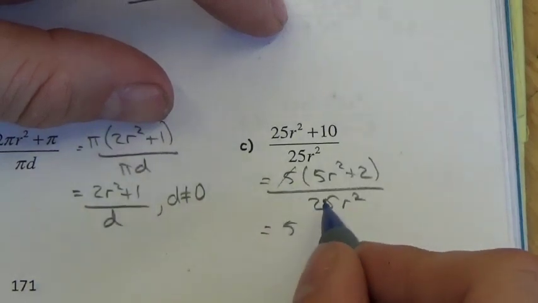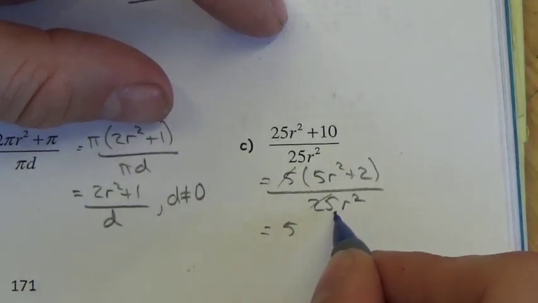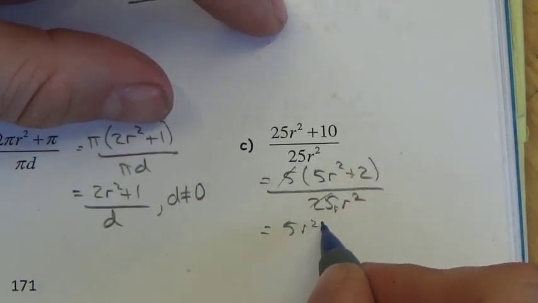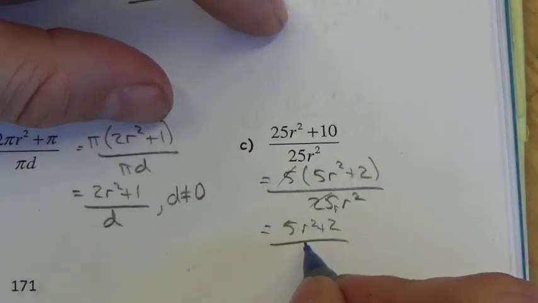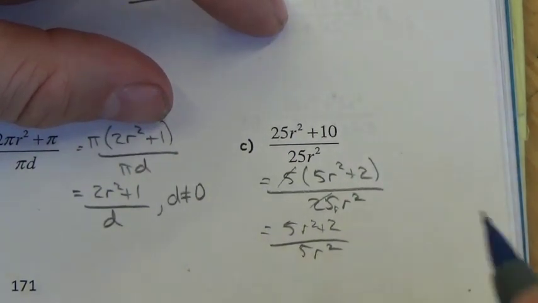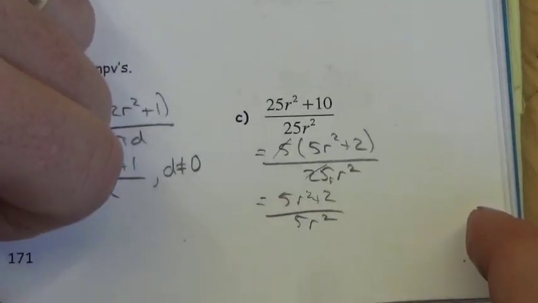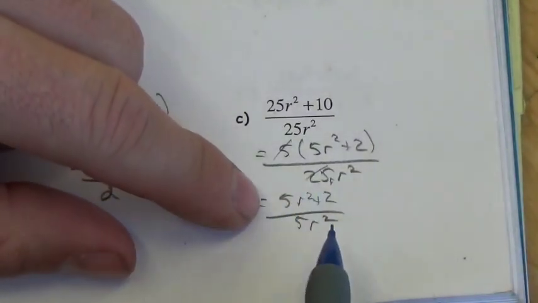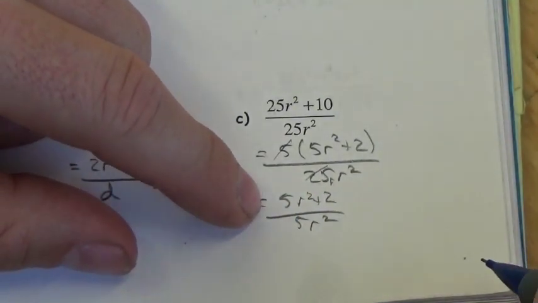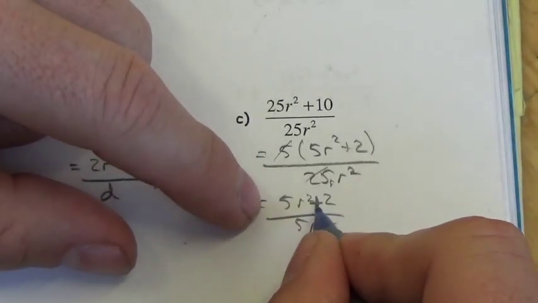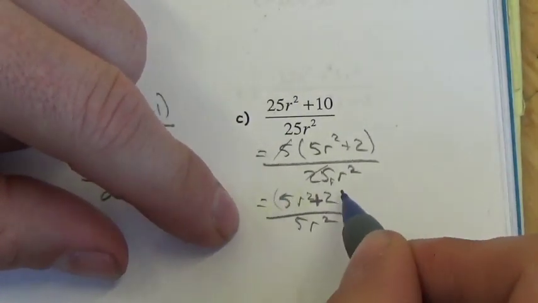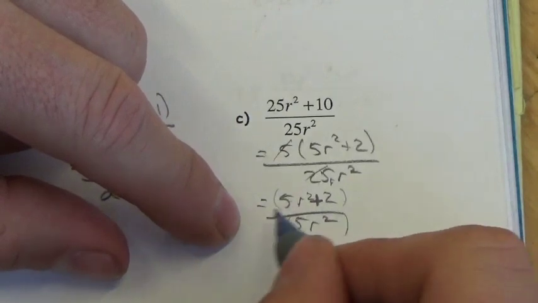So if I cancel that out with the 25, I'm going to be left with 5r squared plus 2 in the numerator over 5r squared. And that really is as far as I can go. I cannot cancel that 5r squared divided by that 5r squared. Because in the numerator, remember, there's a set of parentheses around the whole thing.